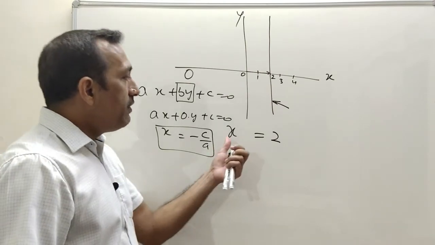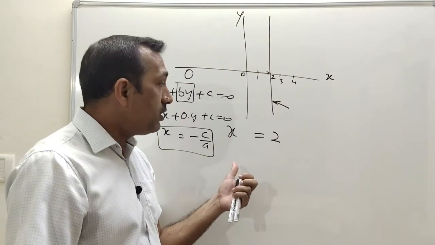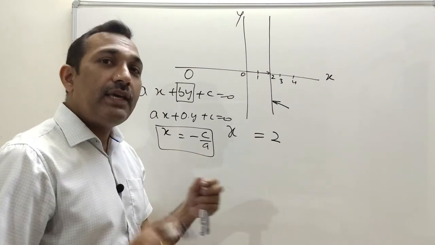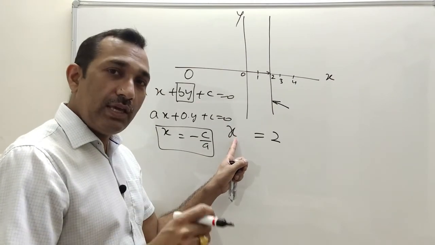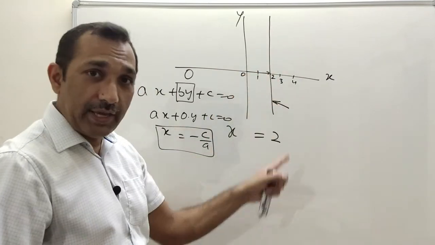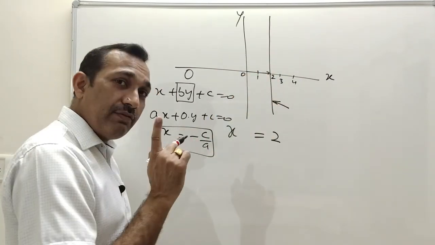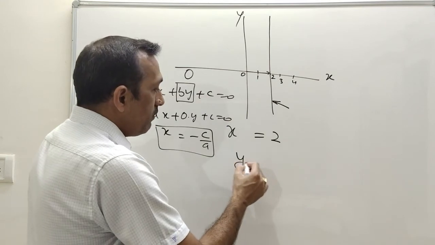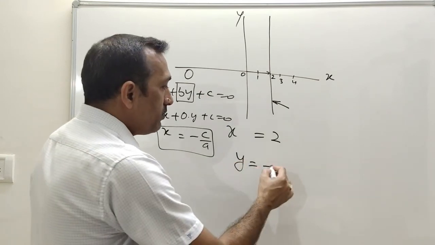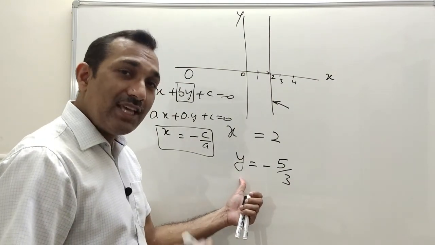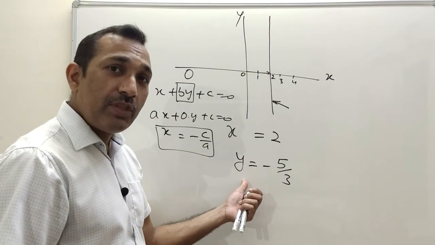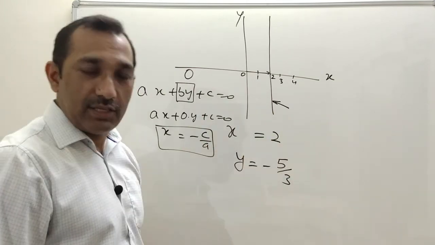That means when I have an equation where y is absent, that line is parallel to y-axis. And if I have an equation where y equal to something, say 5 by 3, and x is missing, in that case this line will be parallel to x-axis.